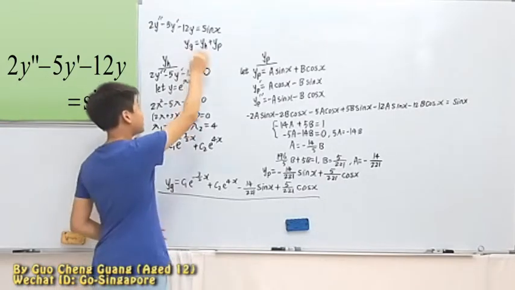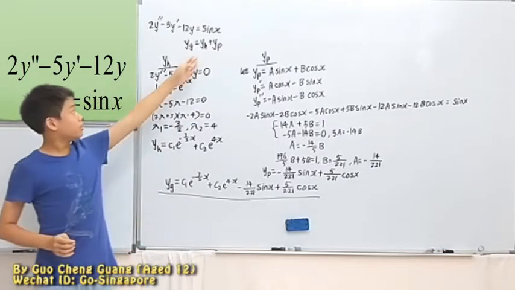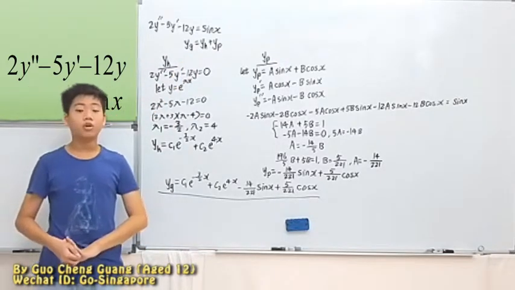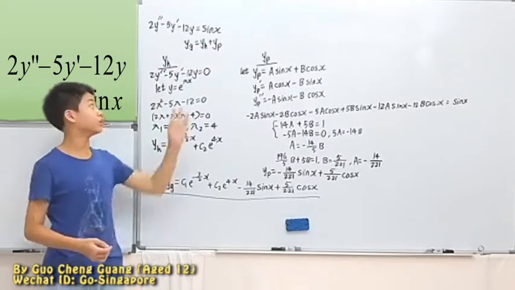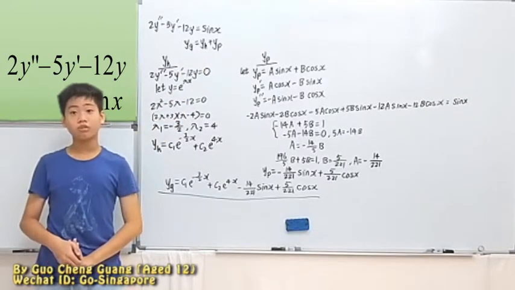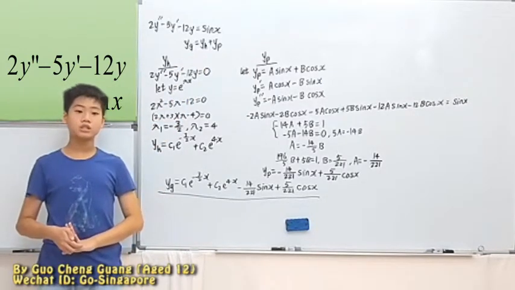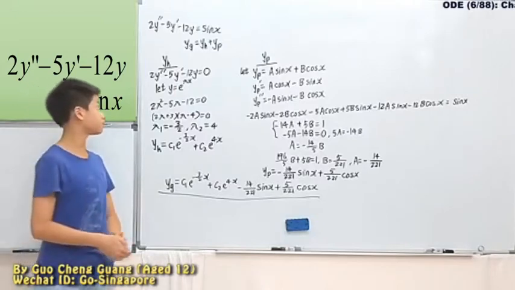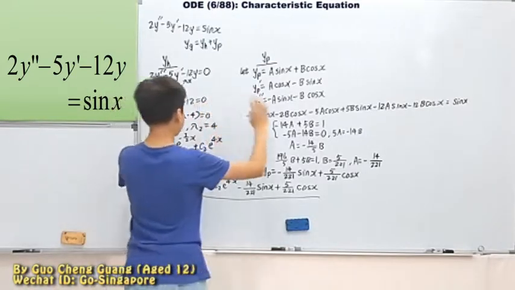So we split it into the general solution for the homogeneous differential equation and the particular solution for the non-homogeneous differential equation. That means we split it into two separate parts.